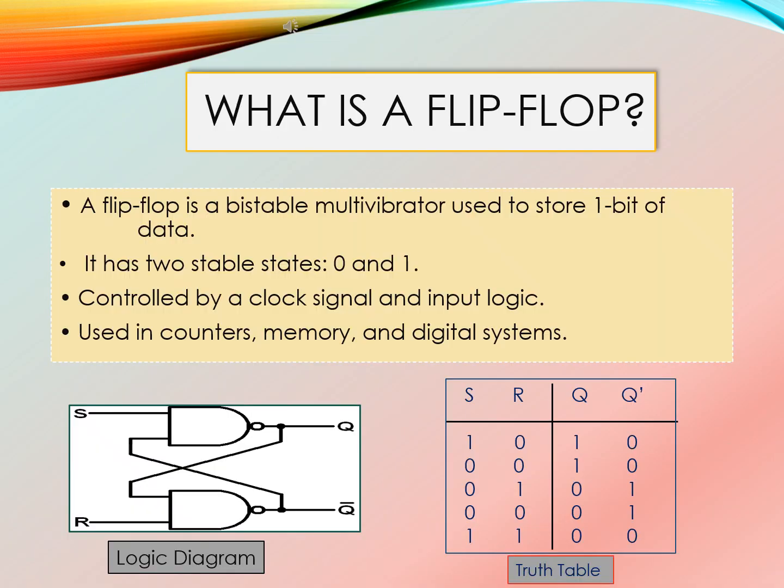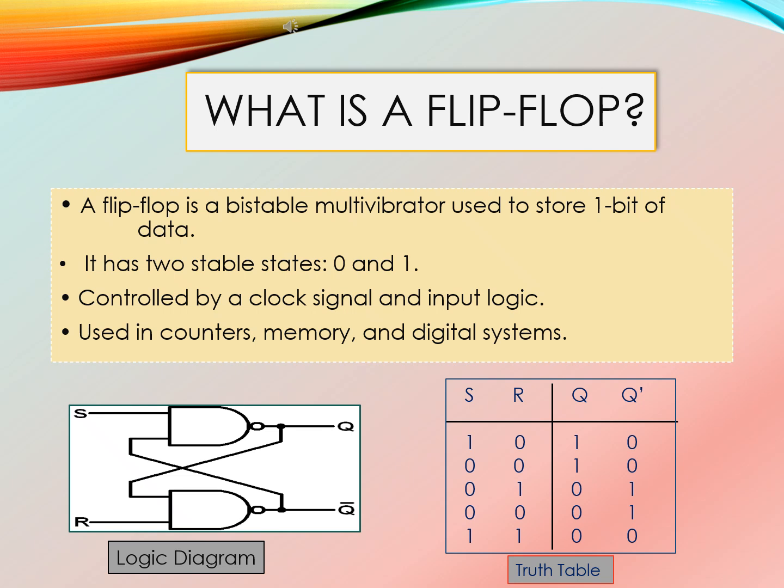Now, before diving into specific types of flip-flops like RS or JK, we first need to understand what a flip-flop is at its core. A flip-flop is the most fundamental memory element in digital electronics. It is a bistable device, meaning it has two stable states, logic 0 and logic 1.